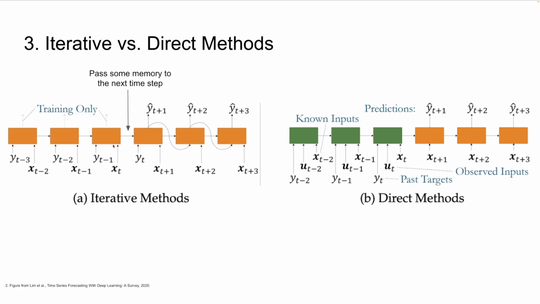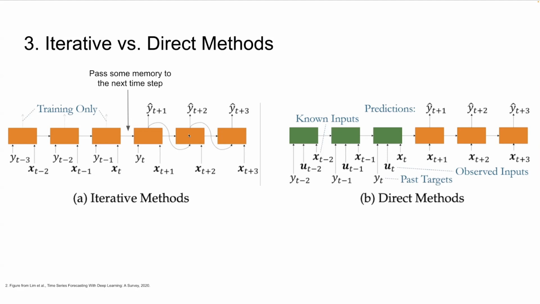What we do is that after the third time step, we only predict y hat t plus 1, and then feed our prediction into the next time step to get a prediction for y hat t plus 2. And then do it again. So you feed your prediction for t plus 2 as input. And finally, you'll make the prediction for y hat t plus 3. So you'll iteratively, or recursively, make those predictions.